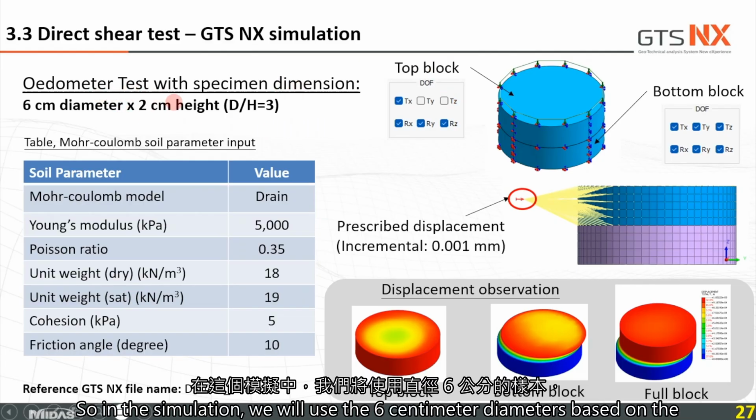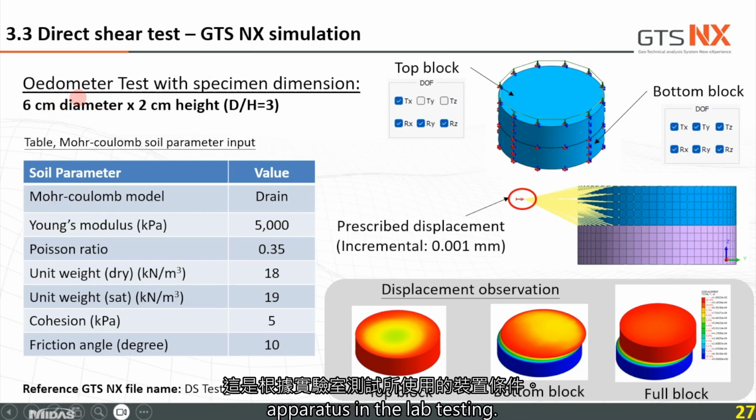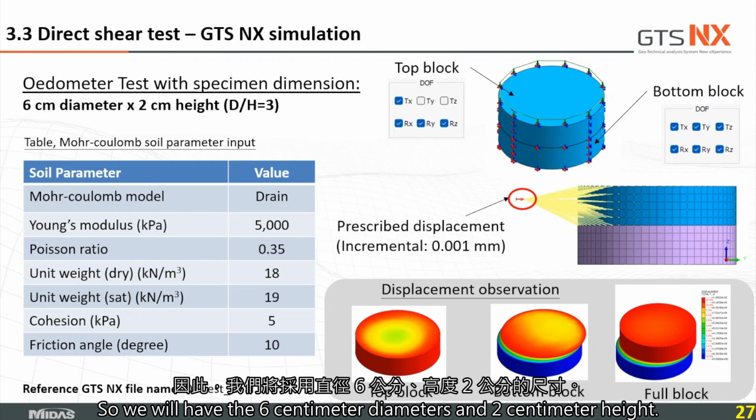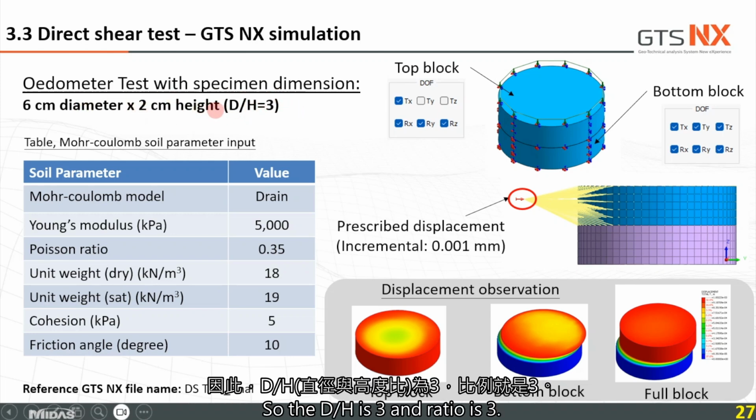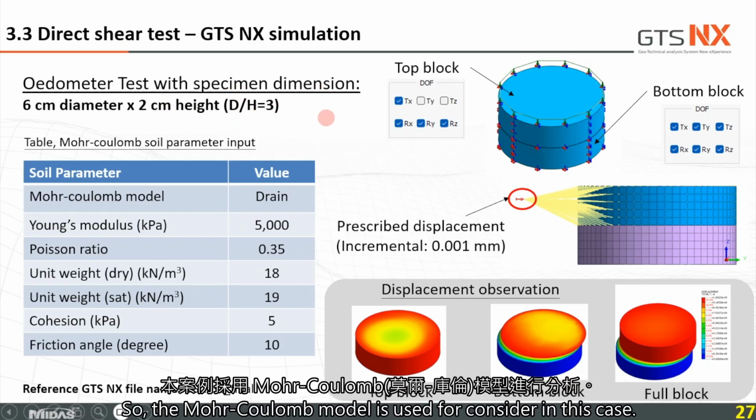In the simulation, we will use a 6 centimeter diameter based on the apparatus in the lab testing, and 2 centimeter height. So the D per H ratio is 3. The Mohr-Coulomb model is used in this case.